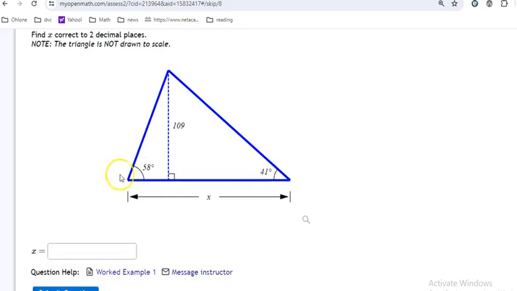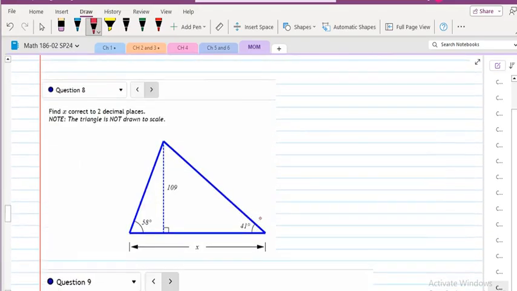Question 8 is a triangle that has its height dividing it into two parts, and we want to find the total length of the base, if we know that the altitude is 109. It's very similar to the last question. Because this consists of two right triangles, we say this is A and this is B. From 41, 109 is the opposite and B is the adjacent.